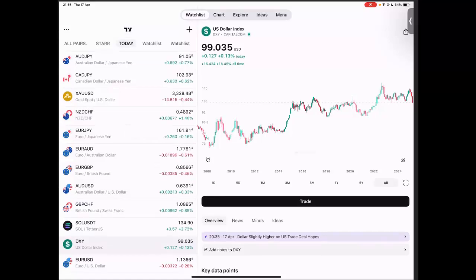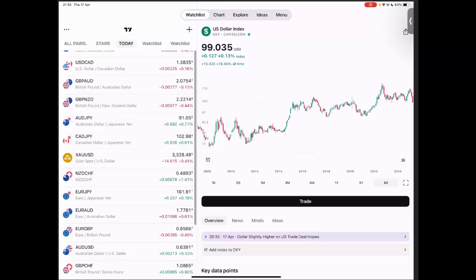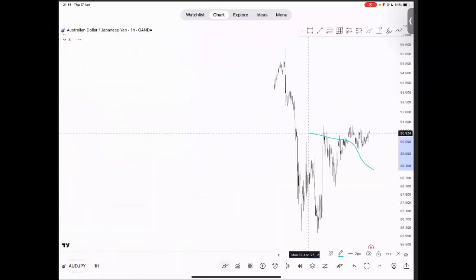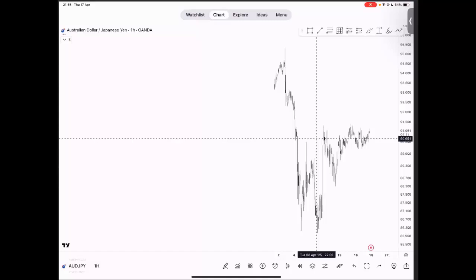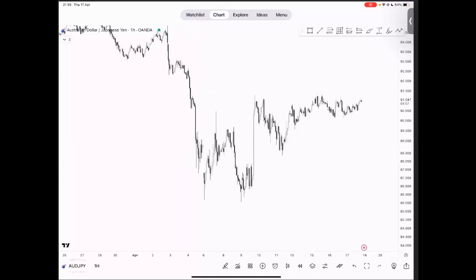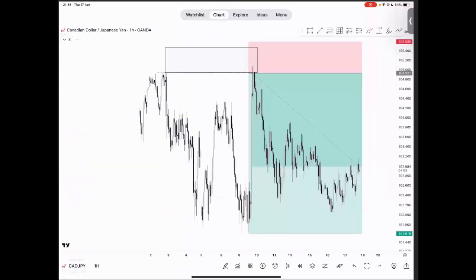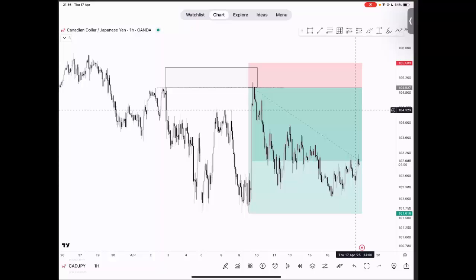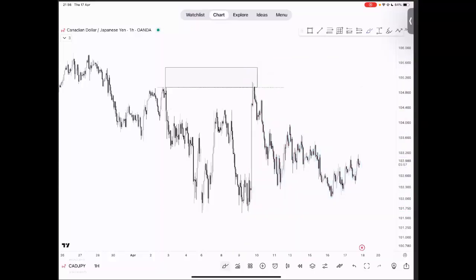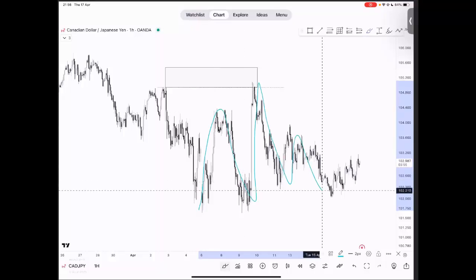If you look at AUD JPY now, you can see this is what is happening. If you go to CAD JPY, it is almost the same thing. You see this thing happening here; that was the same thing going on here on AUD JPY as well.